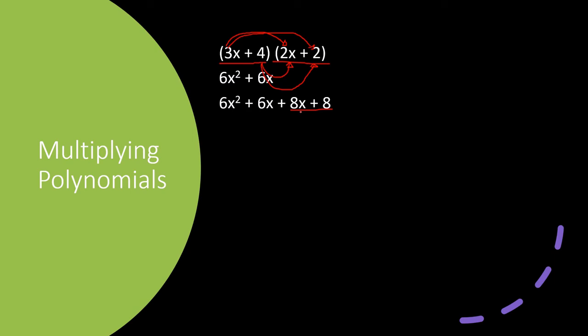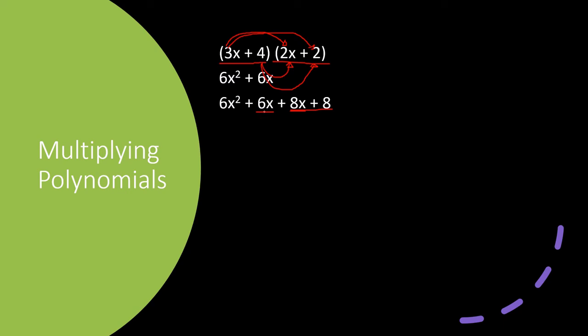I need to simplify my answer. So to simplify my answer, what I do is that I can combine like terms. Remember, my friends, combining like terms is something that we learned in a previous lesson, and I happen to have two like terms in here that I can combine. Very nice. These two right here.